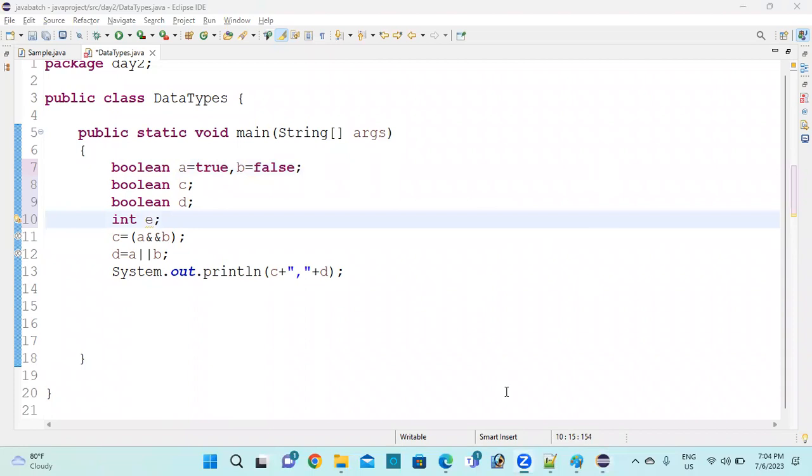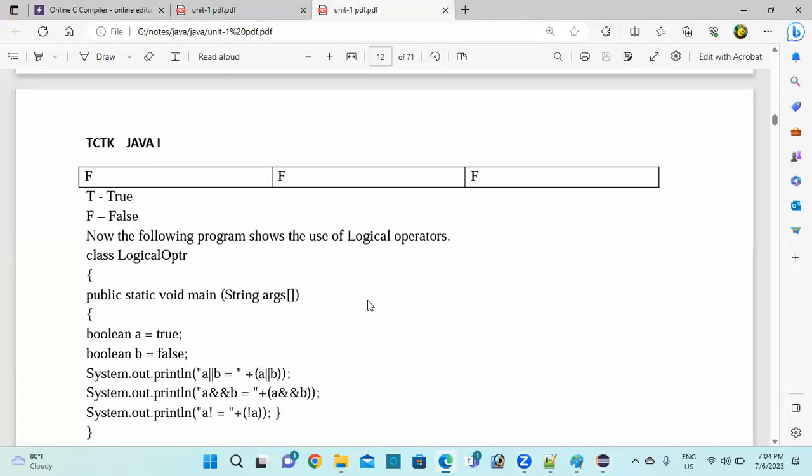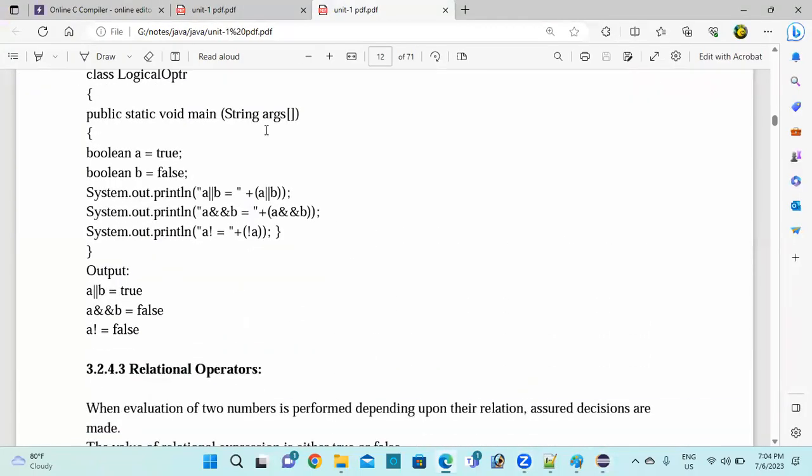Okay. So here, that example is there. One more example here. Here they have taken Boolean A equals true, Boolean B. These are data types newly implemented in Java. In C, it is not there. True, false. So here they are printing plus, plus is concatenated to this. So what will come?